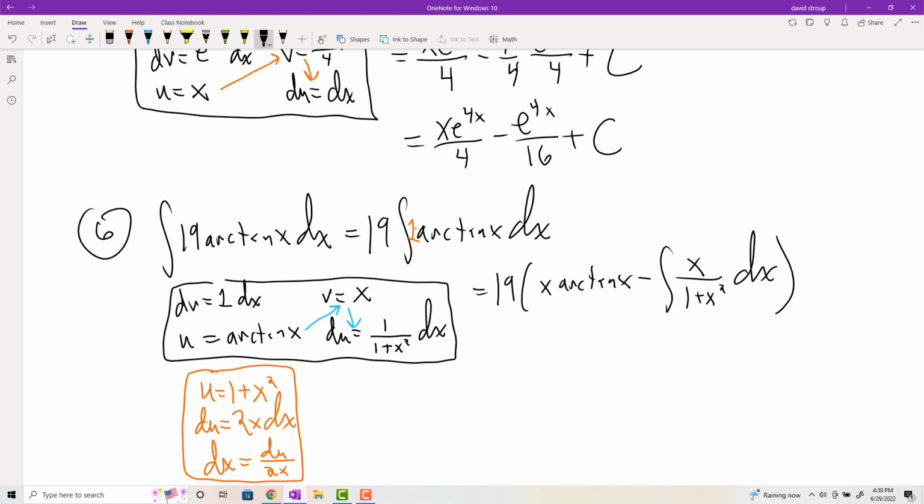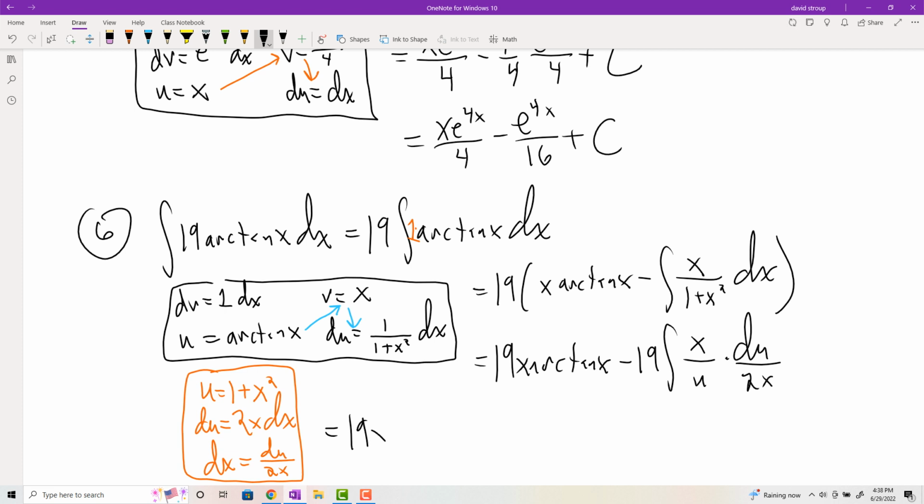Okay, so I'll have, after distributing, 19x arctan of x minus 19 times this integral of x over u times dx, which is now du over 2x. Factor out the 1/2, so I got 19 halves. The x's will cancel, and it just leaves me with 1 over u du.